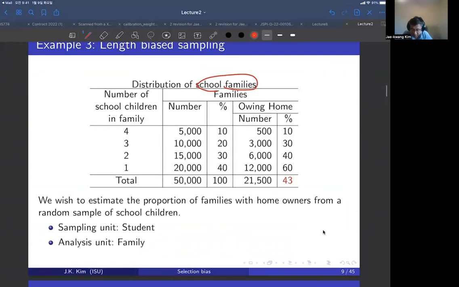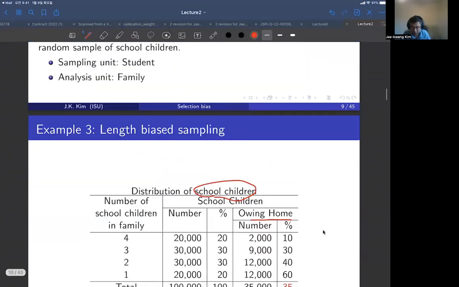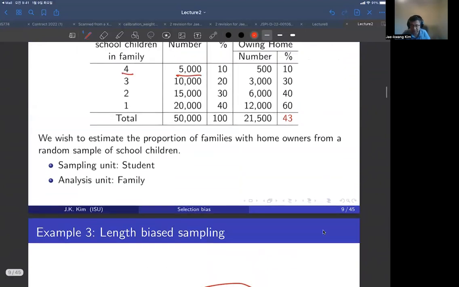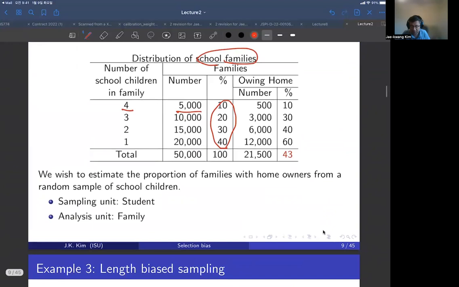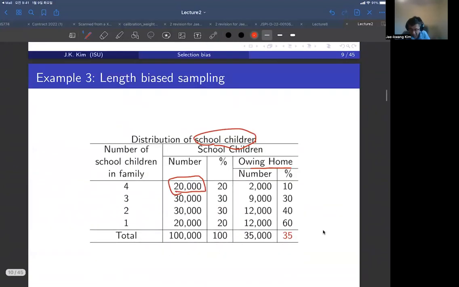For example, in this particular town, you have 5,000 families with 4 children. So in terms of children, you have 20K, right? Because 5 times 4 is 20. So that's the basic idea. Then the family level distribution is different from the children level distribution.